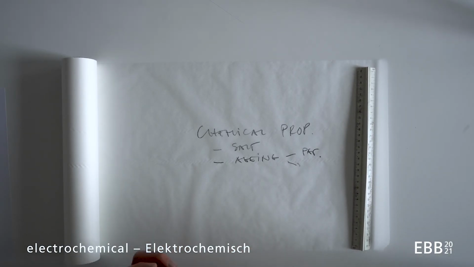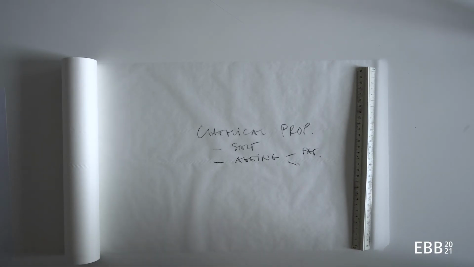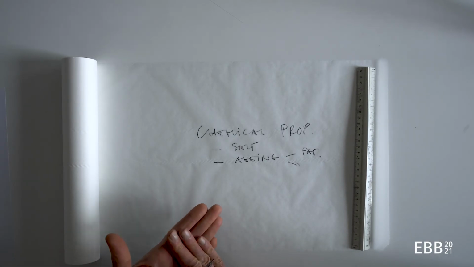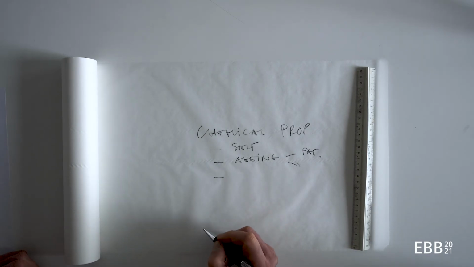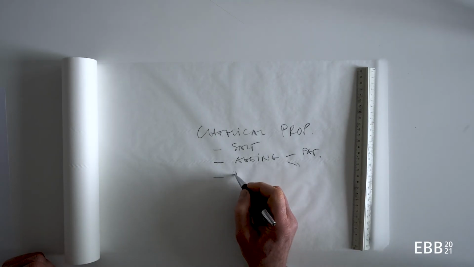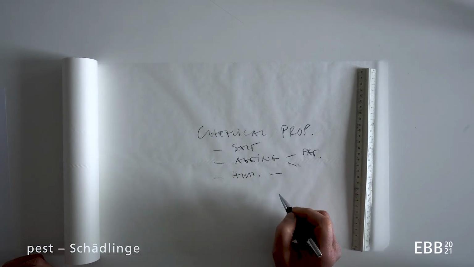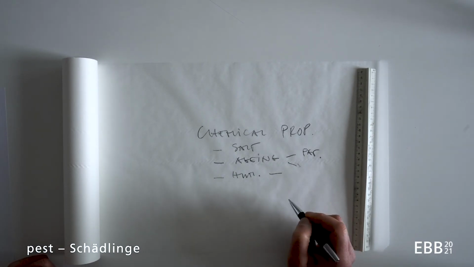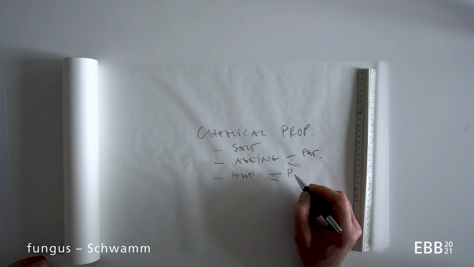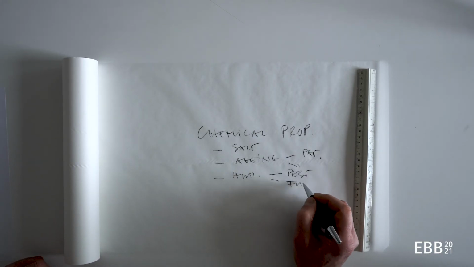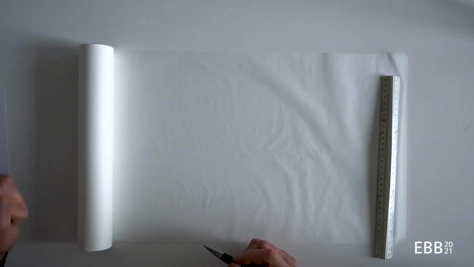If two metals with a different capacity to resist electrochemical corrosion touch each other, and there might be a resistance to the impact of humidity, which could be pest on one side and fungus on the other. So one is animals and the other are plants.